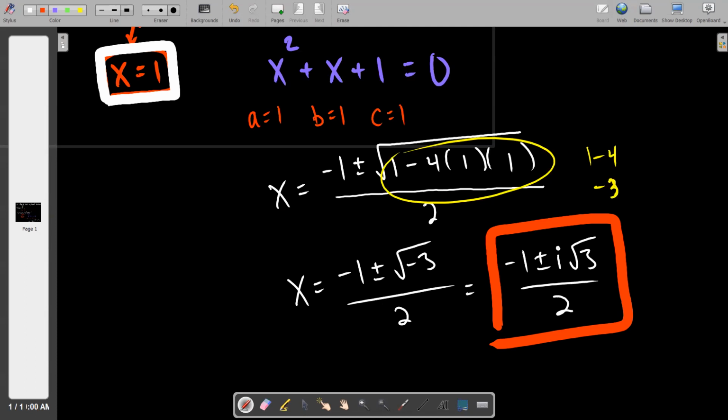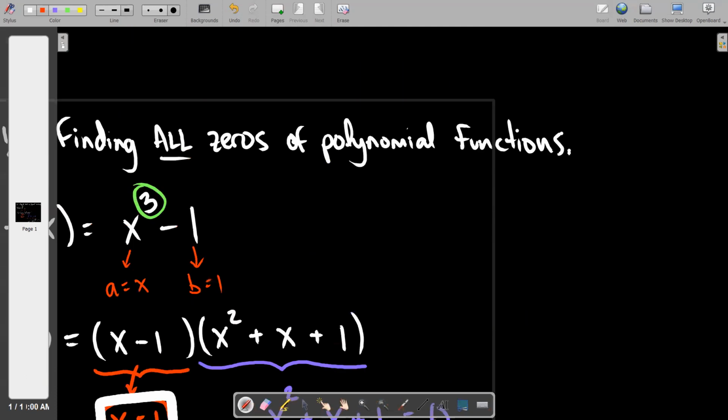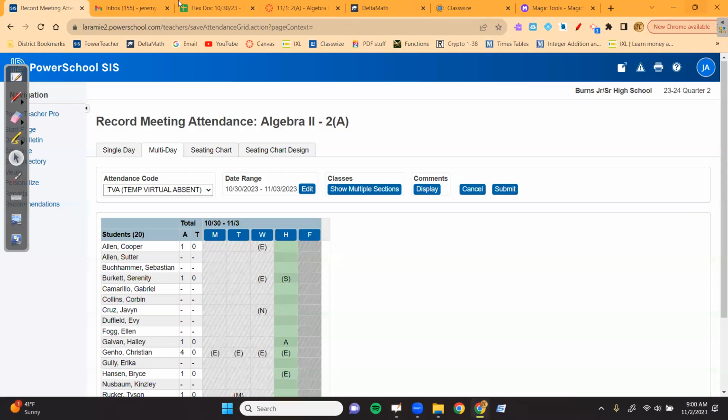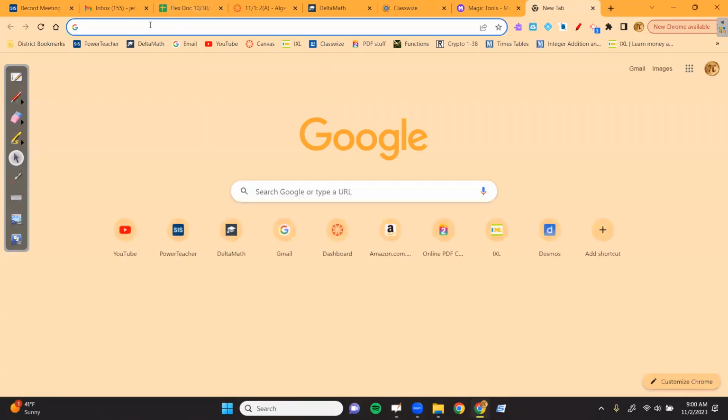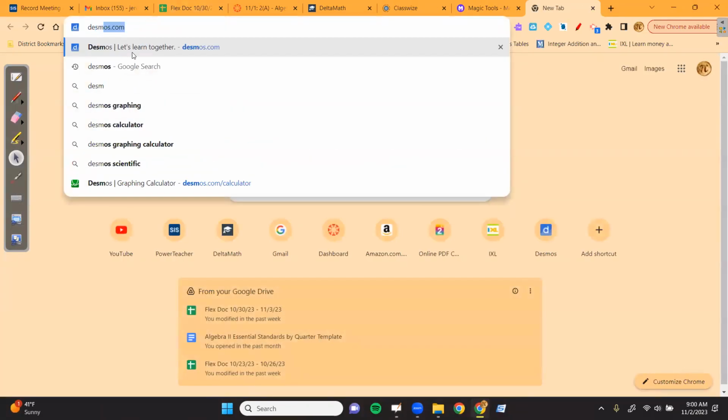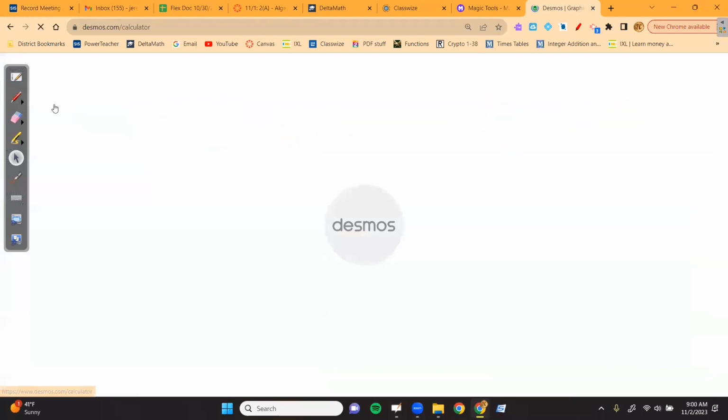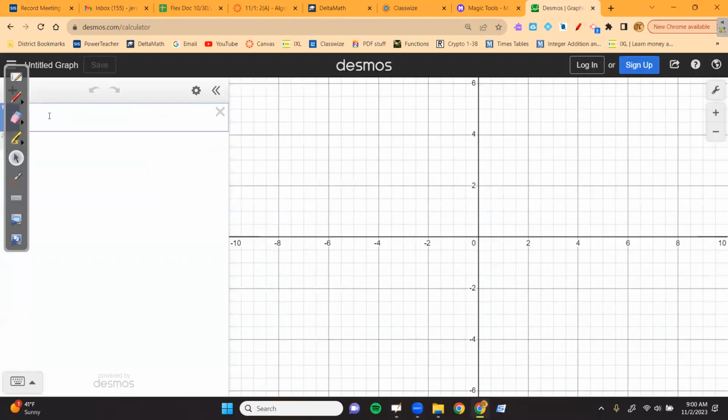I want you to see something real quick. I'm going to go over to Desmos and I want you to check something out because this will be your first real glimpse at imaginary solutions. First, I have to open up my internet. So if I go over to my little input box and I put in x cubed minus 1, how many times does that graph interact with the x-axis?